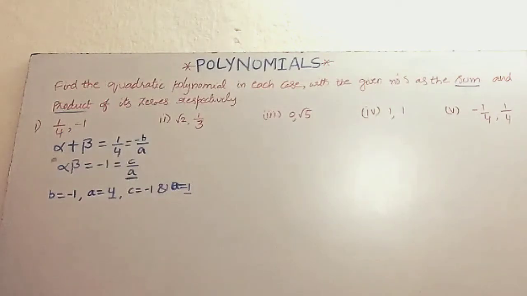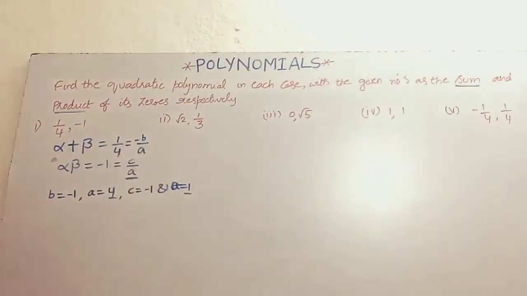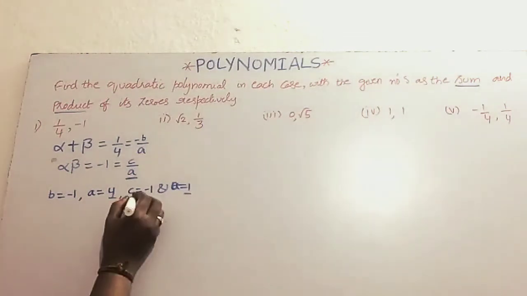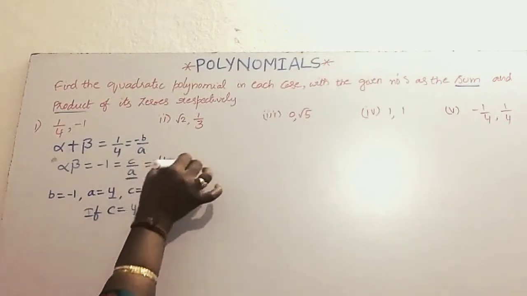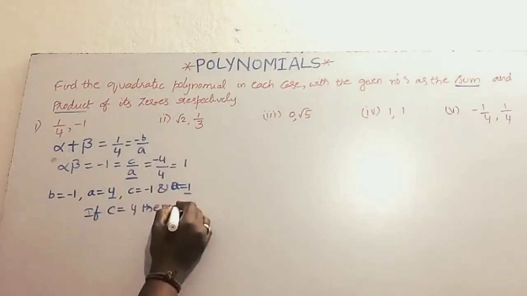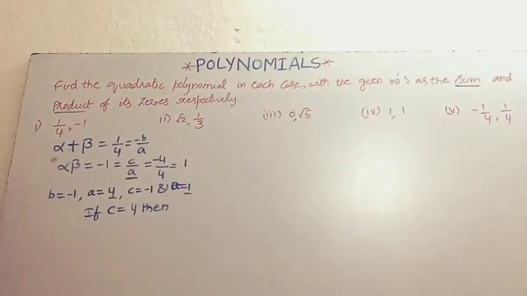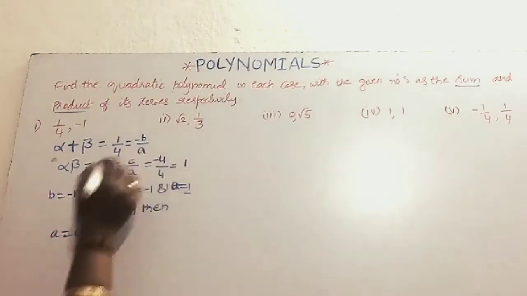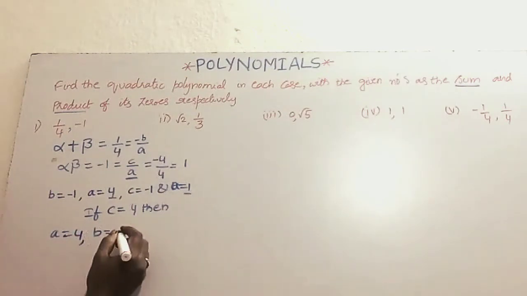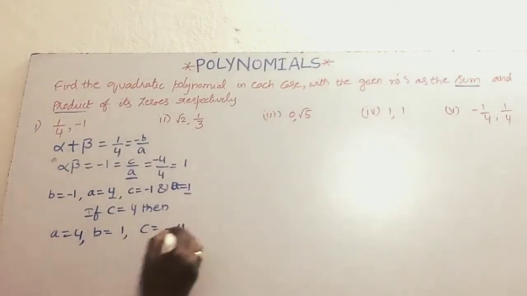Now we will write 4, that equal to 1, that means minus 4 by 4. So then alpha beta is equal to 1. So that means a is equal to 4 and b equal to 1, c equal to minus 4.